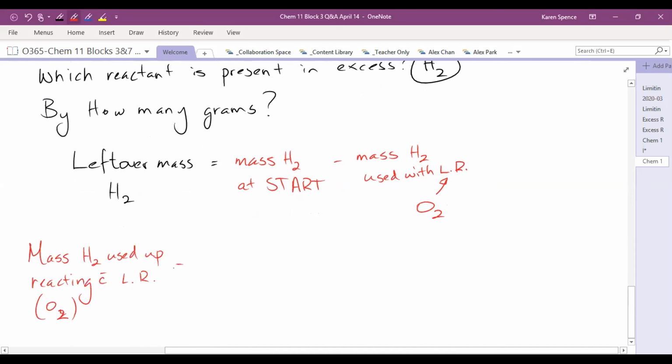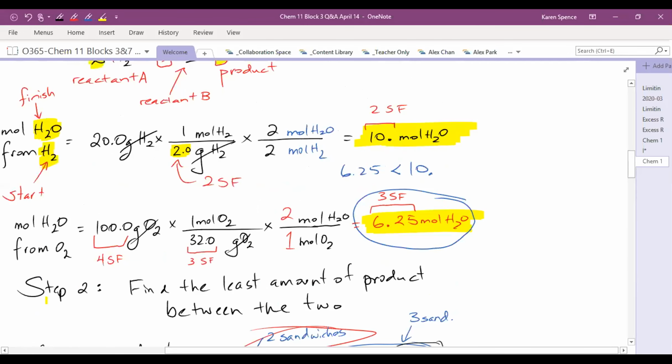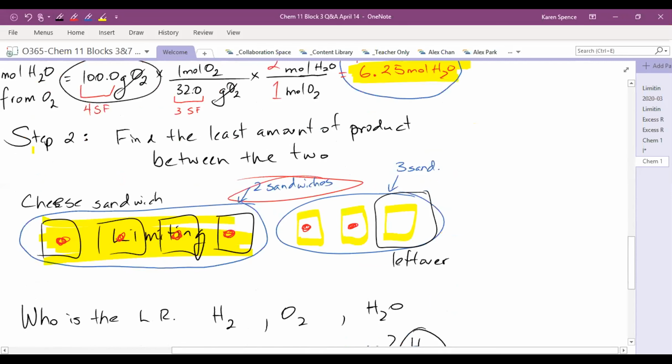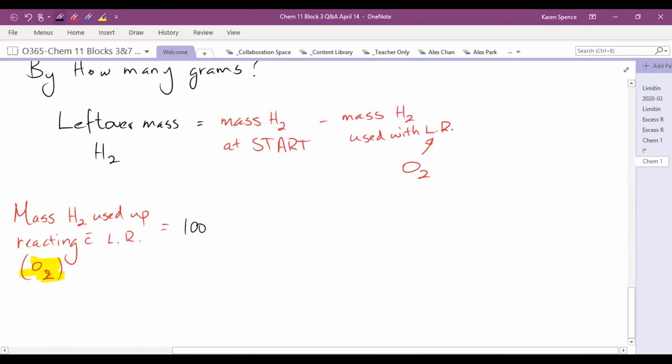Okay. So O2 is where we're going to start. We had 100 grams of O2. Okay, so that's what we're starting with. And then we want to find the mass of H2 used up.